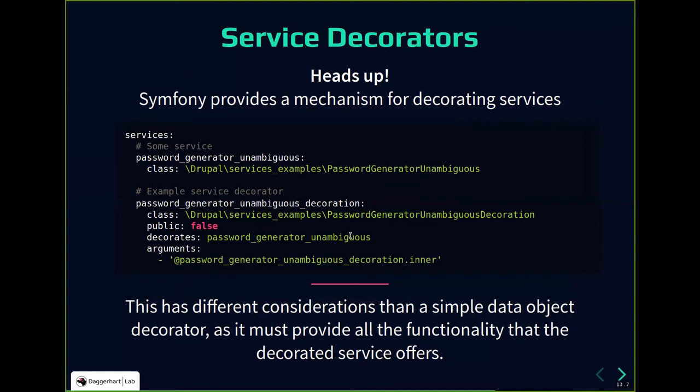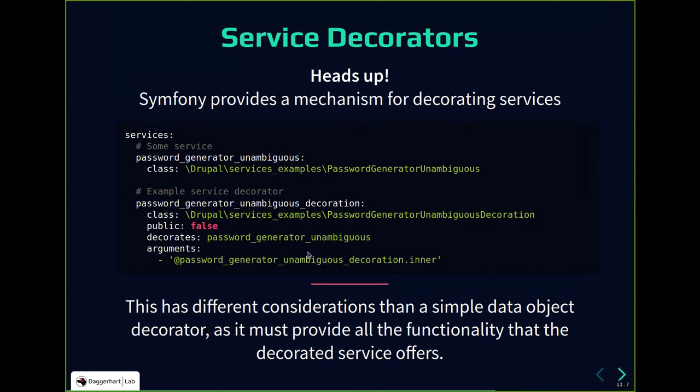So it's basically just a heads up: if you mainly know about decorators, or you've worked with a lot of decorators in Symfony before, and you've dealt with the challenges of this aspect, where you have to make sure your decorator provides all the functionality of the thing it's decorating, then it's a little different than the example I showed before. That is all.